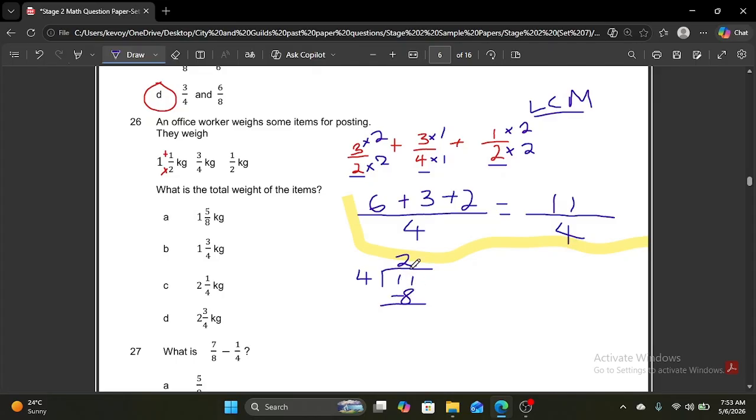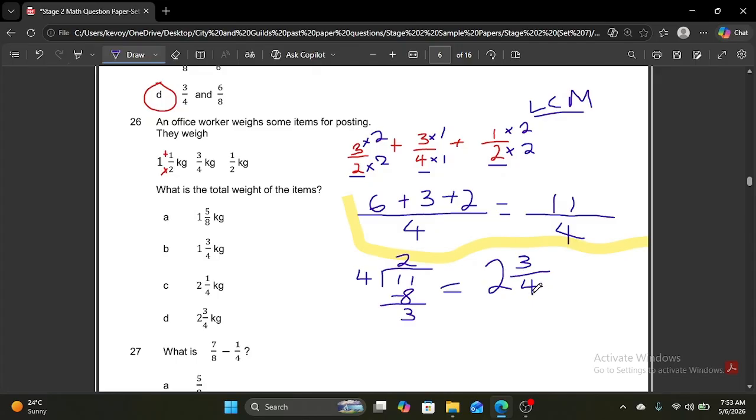So 8 from 11, that will just be 9, 10, 11. So you'll be left with 3. Remember, we always ensure that we put back the same denominator. So the denominator was 4. Sorry, the whole number would be 2, and the 3 above would be our numerator.